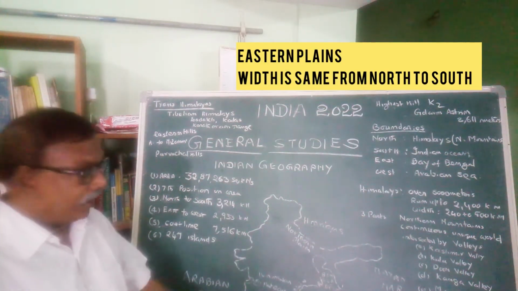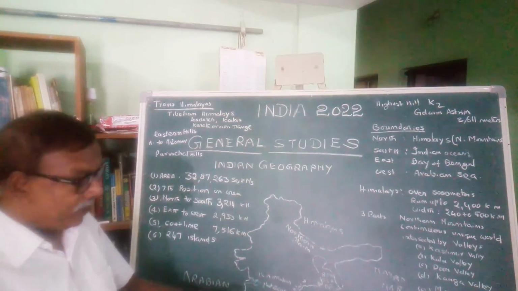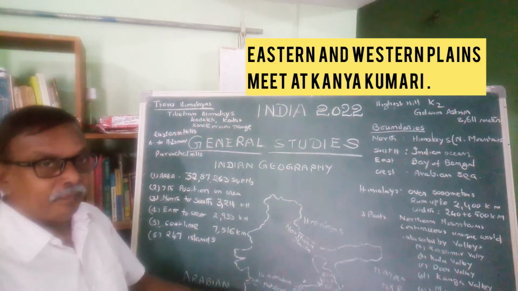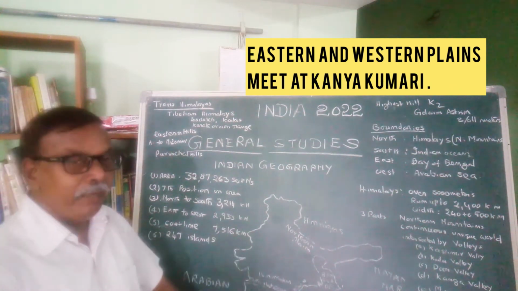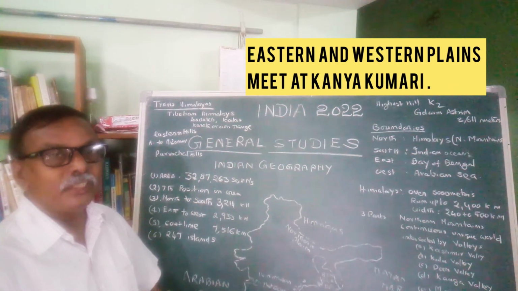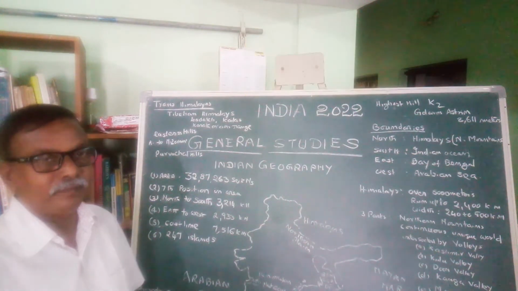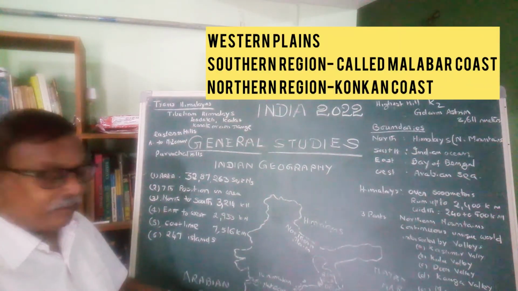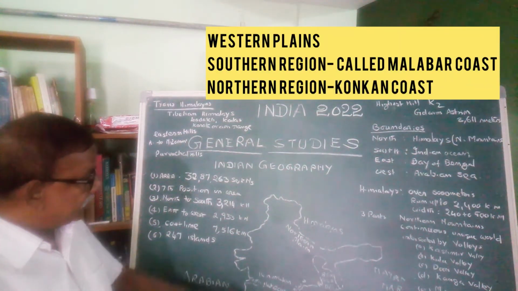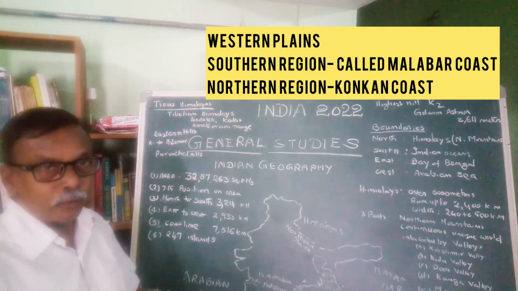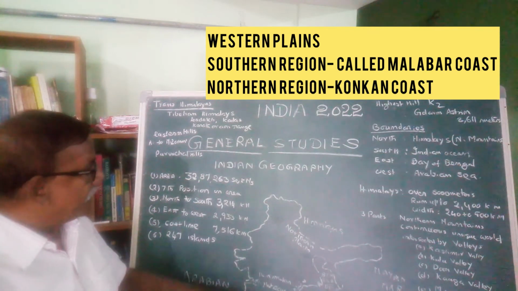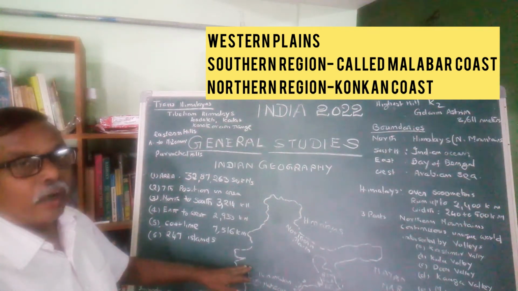The eastern and western plains meet at the place known as Kanyakumari. The western plain in the southern region is called the Malabar Coast. In the northern region, it is called the Konkan Coast.